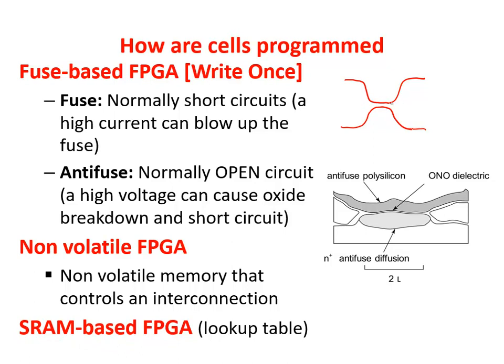You have interconnections between these two blocks, but if you have a large enough current through the interconnections, then the temperature of the narrow part of the interconnection rises above the temperature at which the fuse blows up, and therefore the interconnection is in high impedance mode, is open.